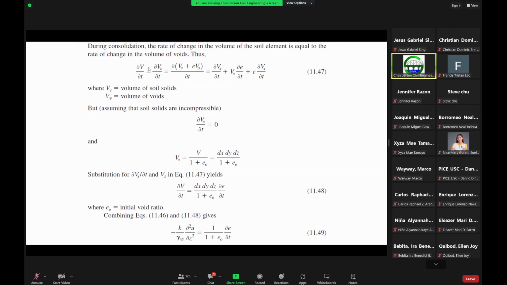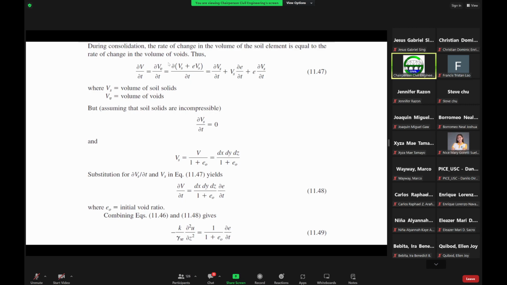The volume of voids can also be written as the volume of solids plus the void ratio multiplied by the volume of solids, with respect to time.